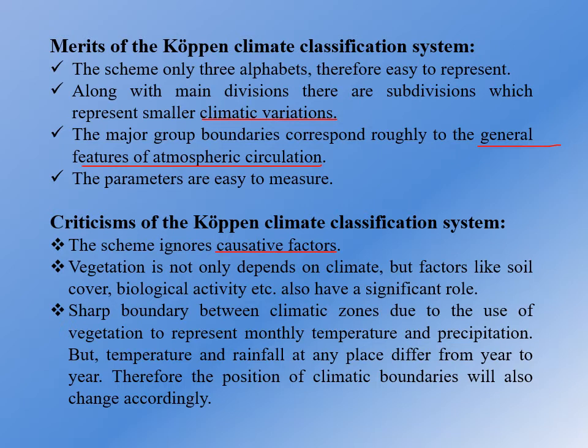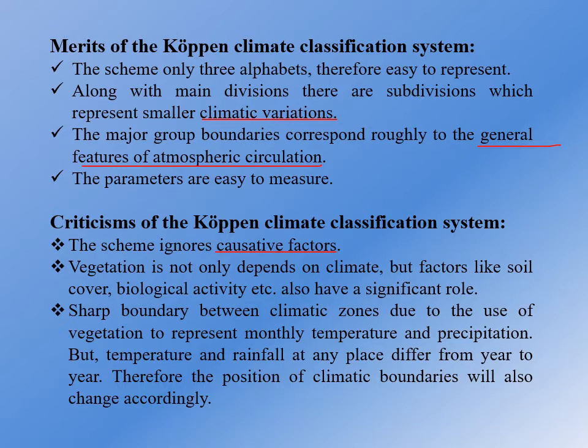Now, this vegetation does not depend only on the temperature, the wind, and the precipitation, but sometimes apart from these climatic conditions, some local issues like the soil cover, the nature of the soil, the fertility of the soil, and the biological activity also have a significant role in the vegetation type.